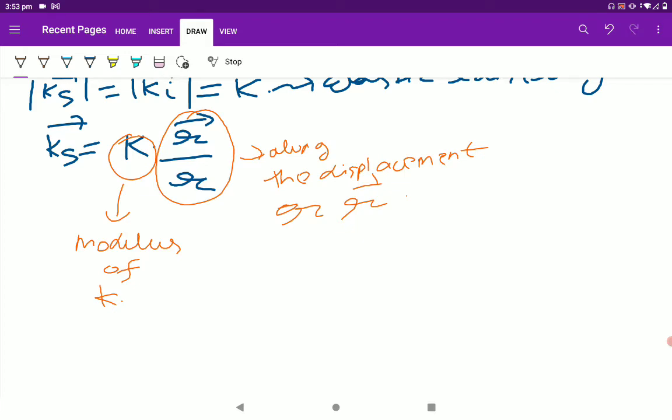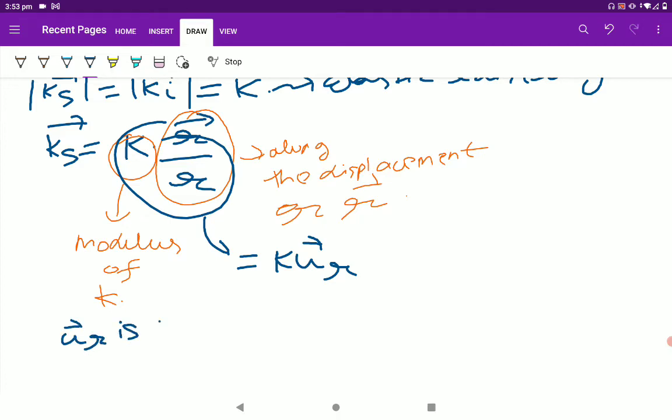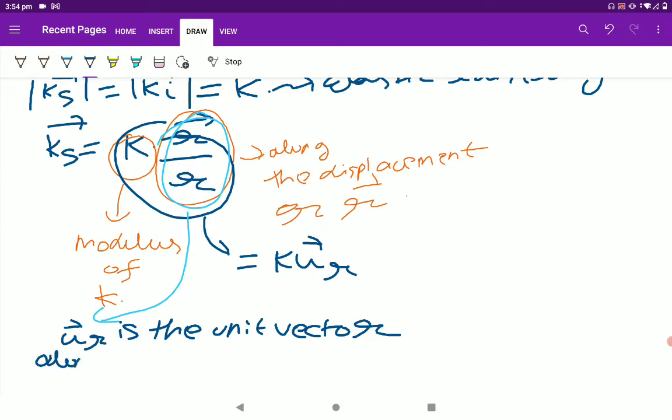So we can write this whole expression as k in this fashion. Here u_r is the unit vector. So this thing is u_r, the unit vector along our direction.